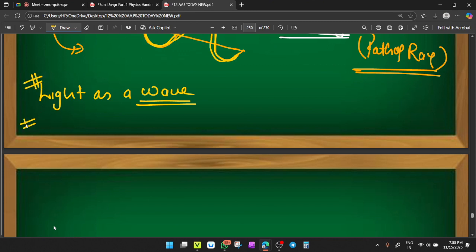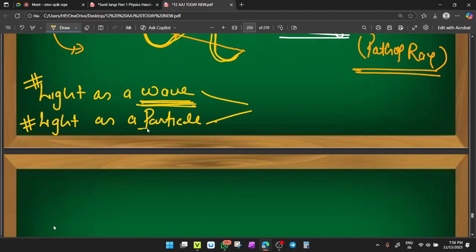In the coming chapter I will deal with the photoelectric effect and all, light as a particle. For a very long time there were many arguments between scientists about whether light works as a wave or as a particle. Finally they agreed that light behaves as both, as a wave and a particle.